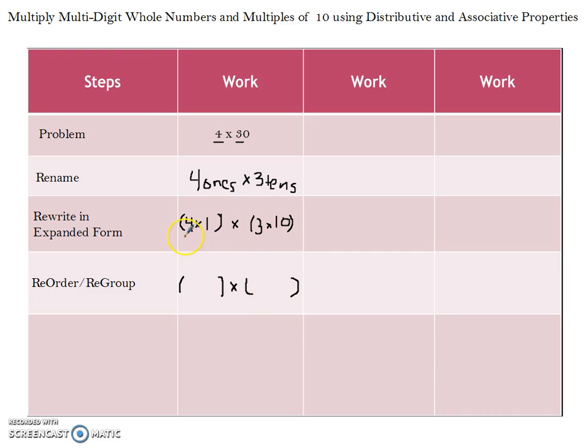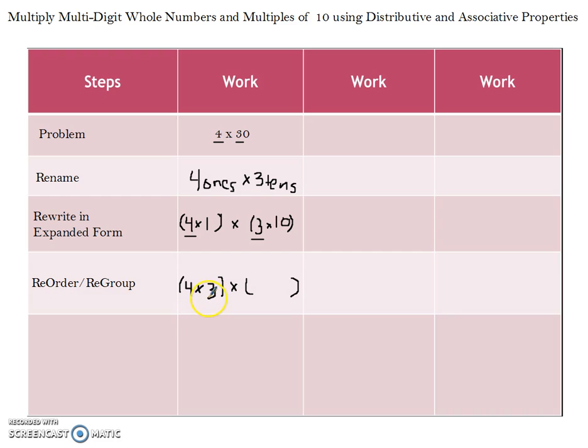And what I'm going to do is take my first numbers from my parentheses, and that's going to go reordered into my first brackets. I want to write my 4 first, just so I can keep it in order. 4 times 3.